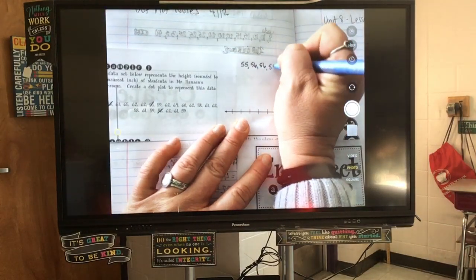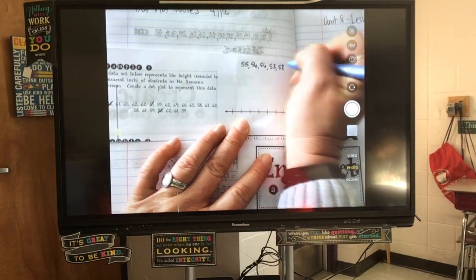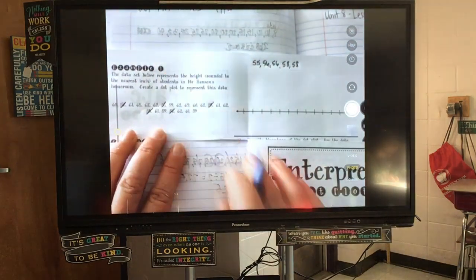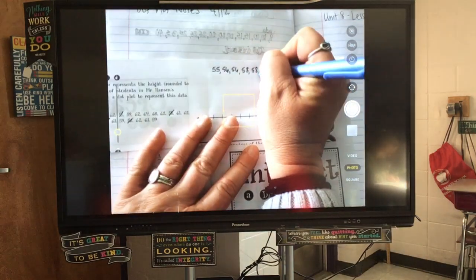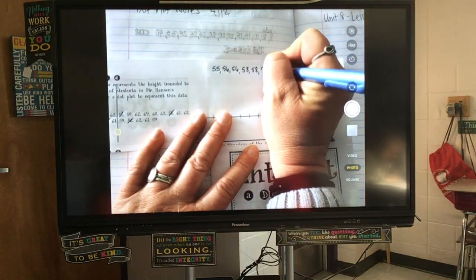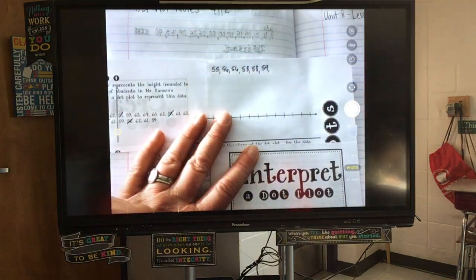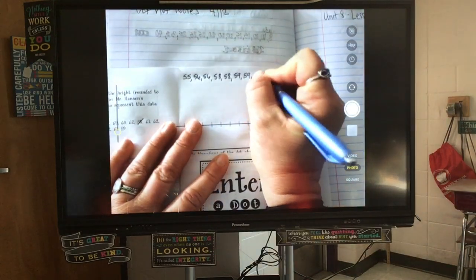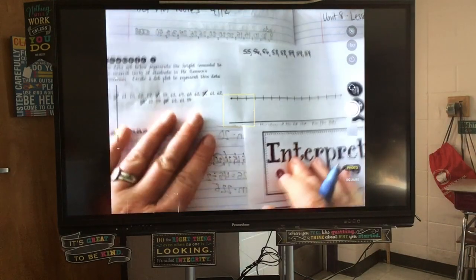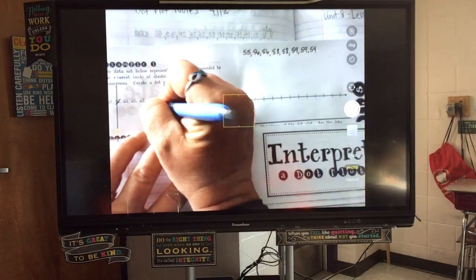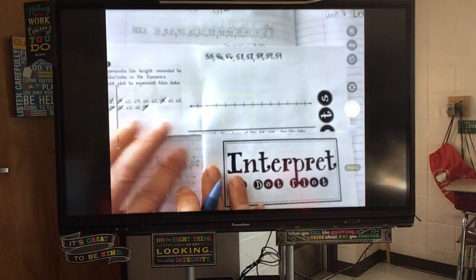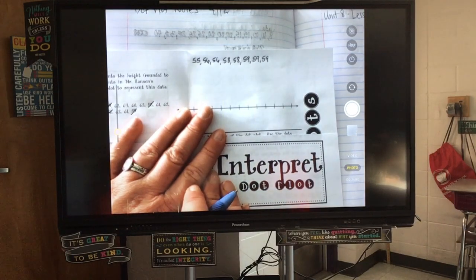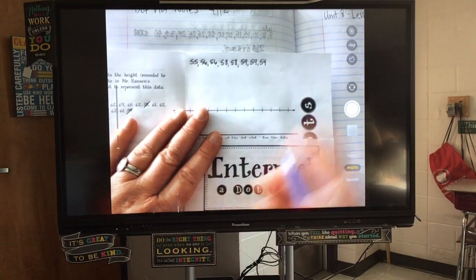Then we have 58, 58. Then how many 59s do we have, Gabby? 3. We have 3. So cross off 59, 59, 59. All right, what number is going to come next? Kira? 60.